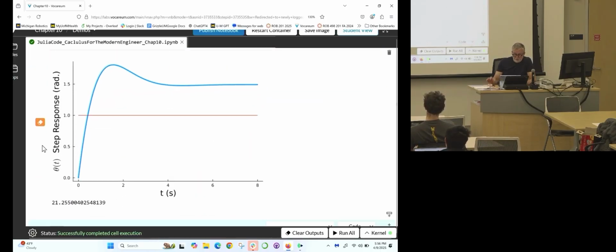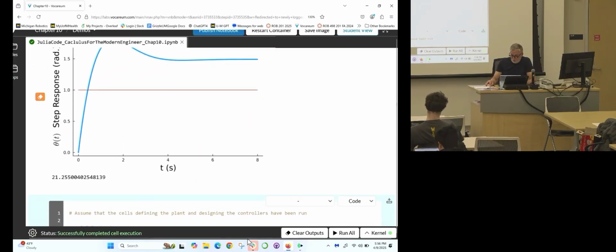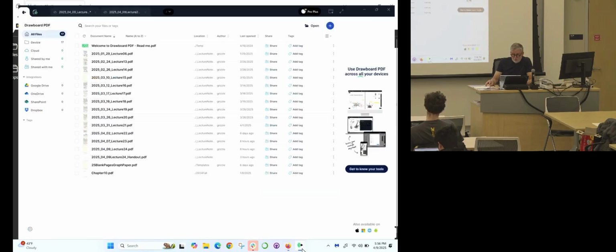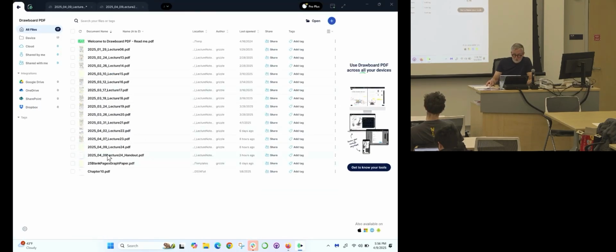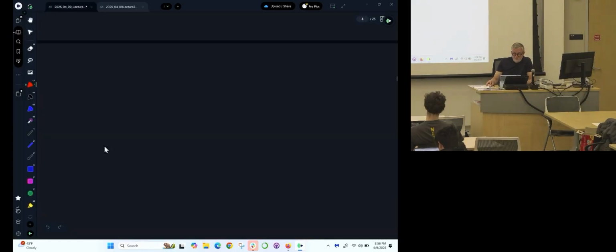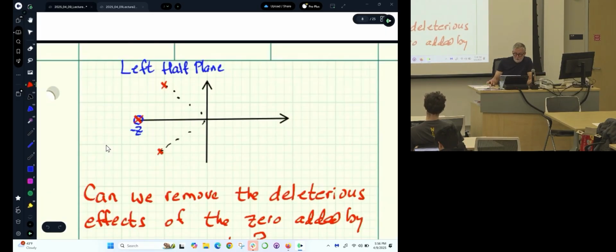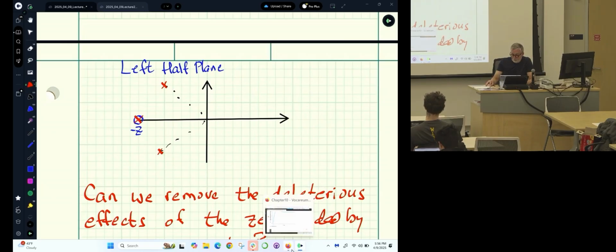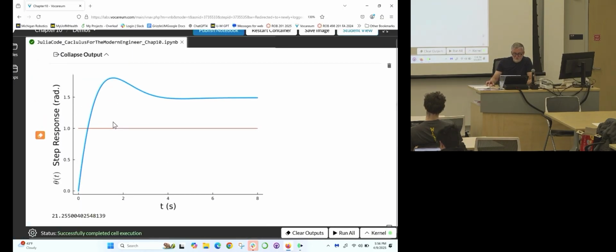So the idea is, as I was showing here, with the precompensator, we're putting a pole that when it's multiplied, it cancels the 0 that's from the PD controller.